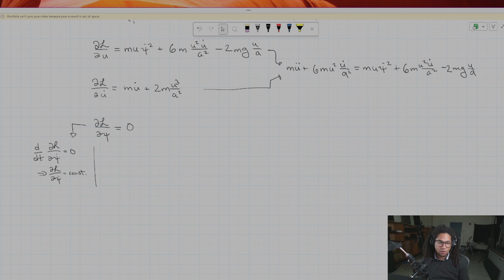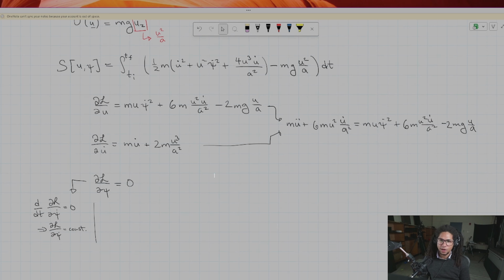So this is my term that depends on psi dot squared. So I'm going to get dL/d psi dot is equal to m u squared psi dot.